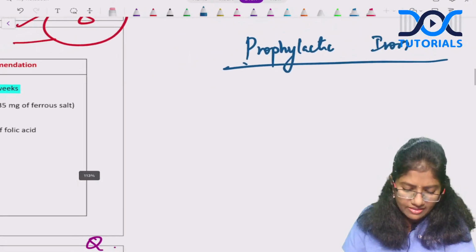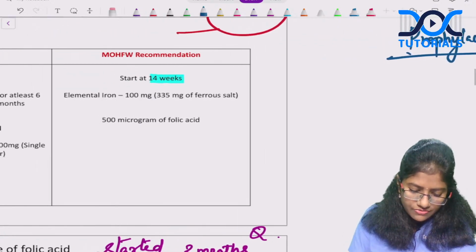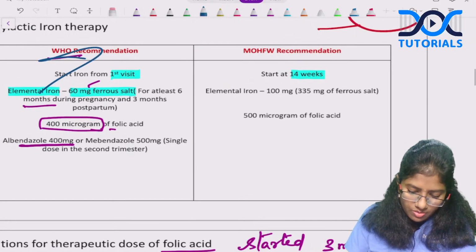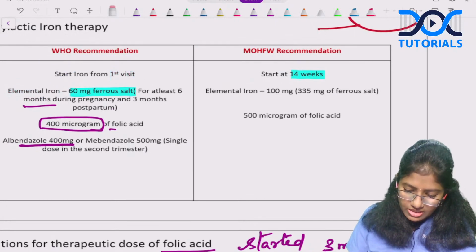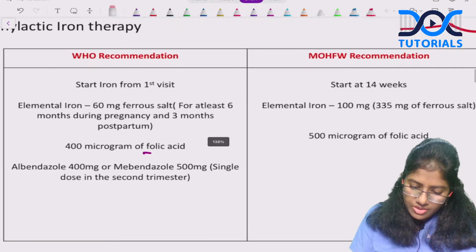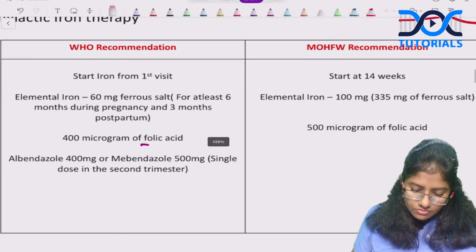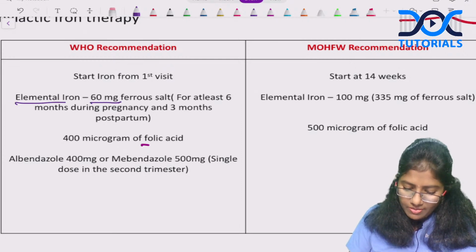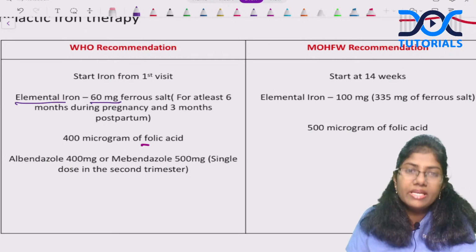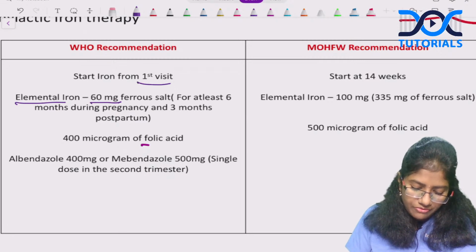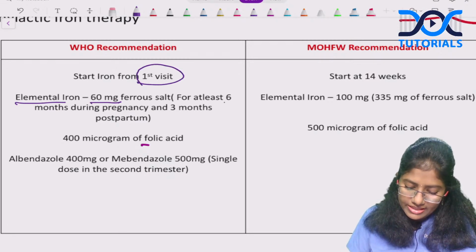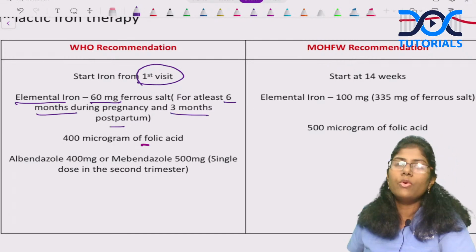Okay, there are 2 different answers for this question. The WHO recommends elemental iron 60 milligram starting from the first visit, and this should be given for at least 6 months during pregnancy and for 3 months postpartum.